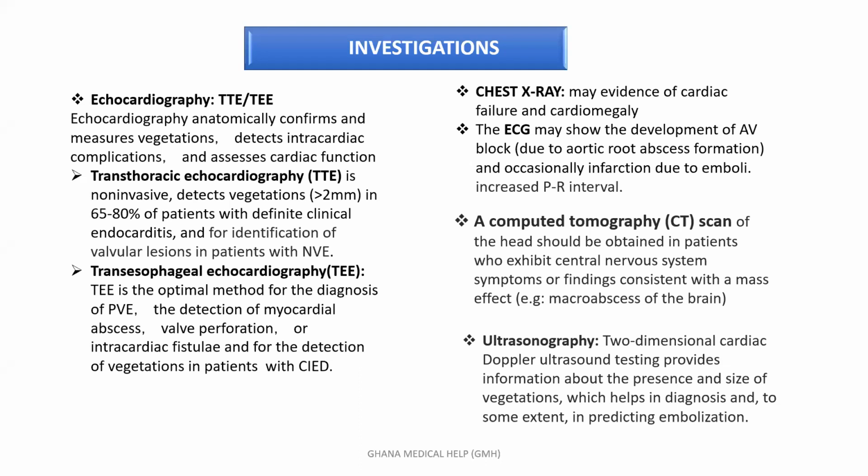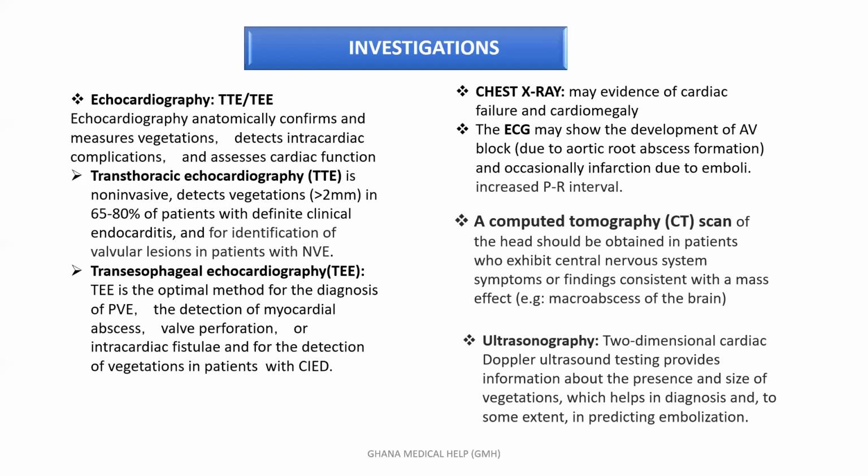The transesophageal echocardiography is the optimal method for the diagnosis of prosthetic valve endocarditis, the detection of myocardial abscess, valve perforation, or intracardiac fistula, and for the detection of vegetations in patients with cardiovascular implantable electronic devices.